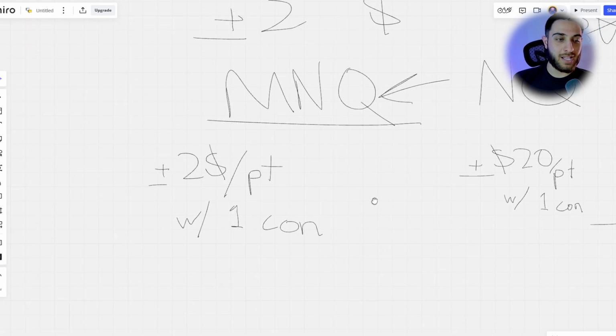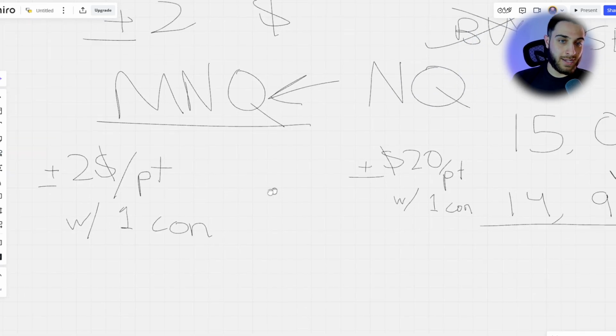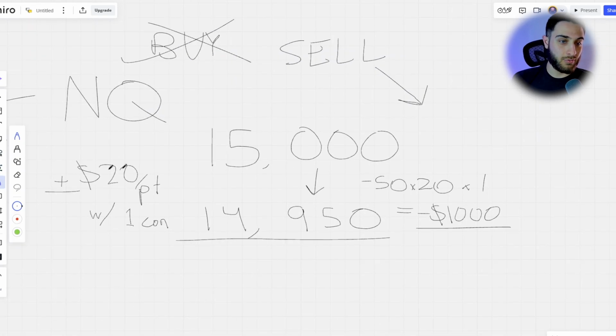The way I like to imagine it is the micro NQ is the same as the NQ divided by 10. So if we entered the NQ with one contract, trading the same size on the micro NQ would be just like trading with 0.1 contract sizing. We can't do that with NQ, but I'm just giving you an example.